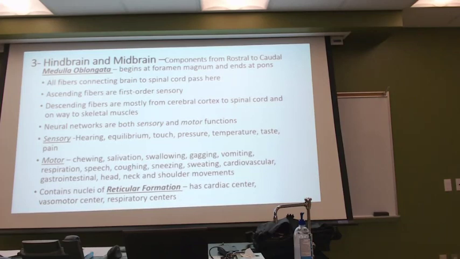So, reticular formation in this case, as we look at it in relationship to the brain, it looks like this branching that can occur from that area of the brain and reach other areas.